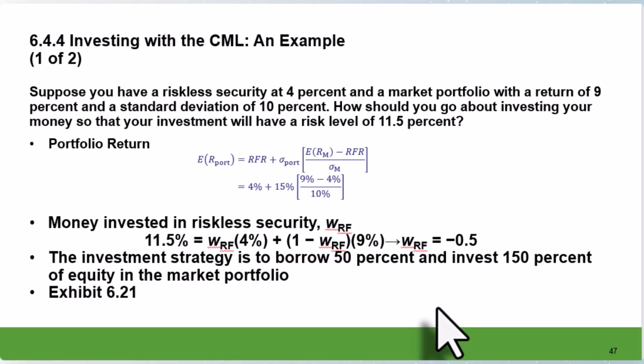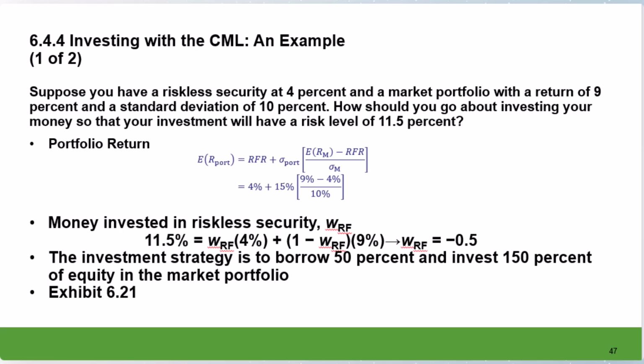So let's think about this another way. Let's say you had $10,000. What this tells you is you're going to borrow $5,000. You have $10,000, you just borrowed $5,000, and you're going to invest $15,000 in the market portfolio.